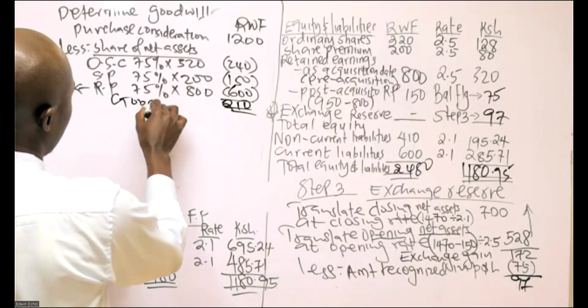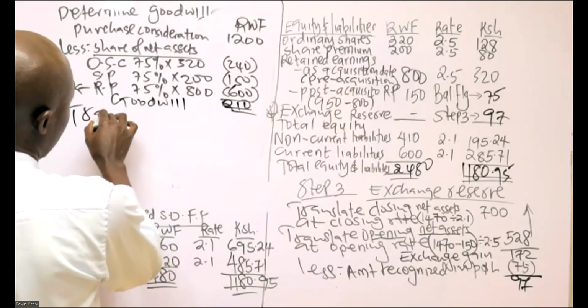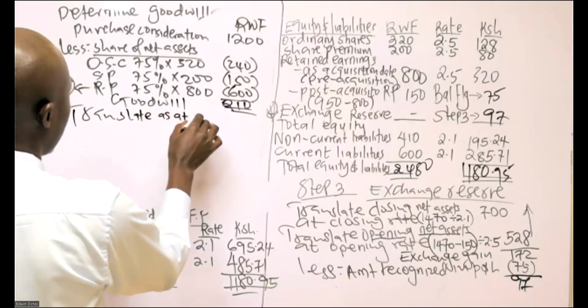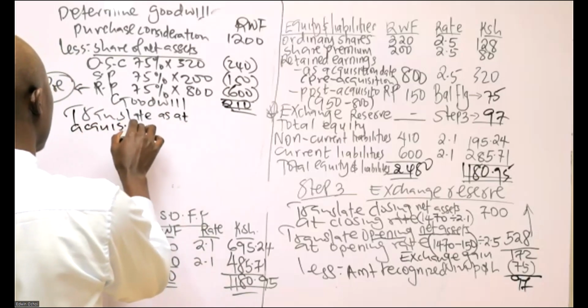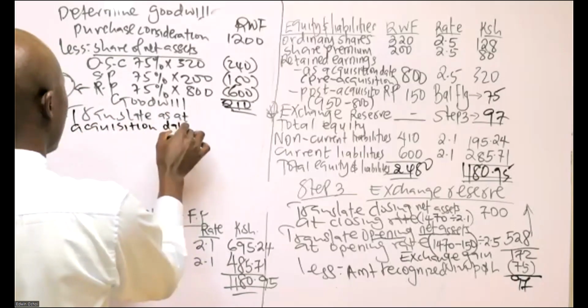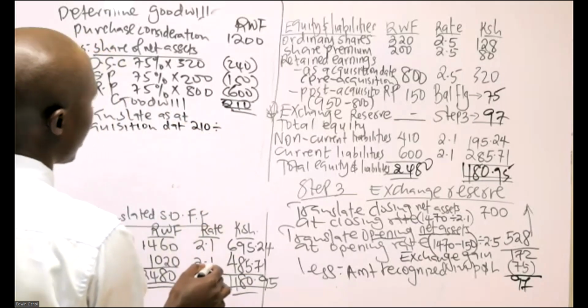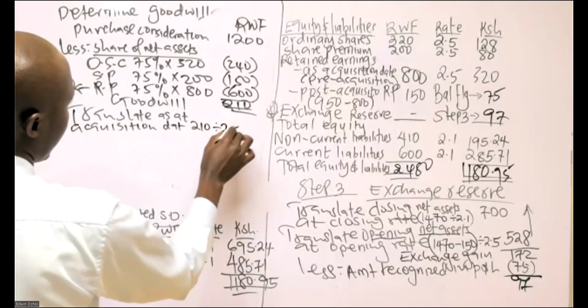This is the goodwill. So translate it as at acquisition date. 210 divided by the rate at the date when the subsidiary was acquired, 2.5.